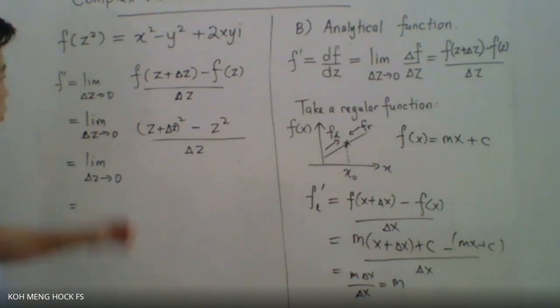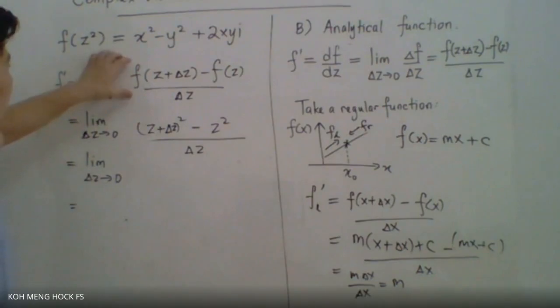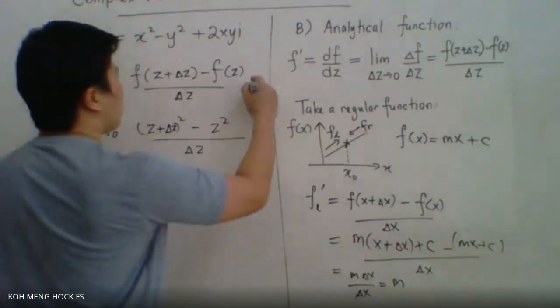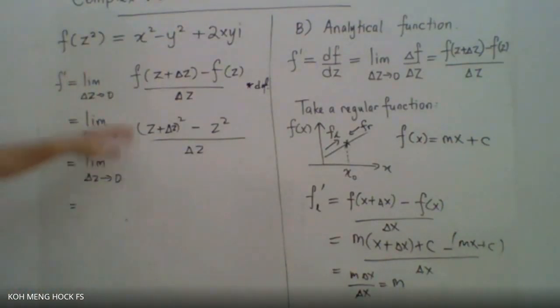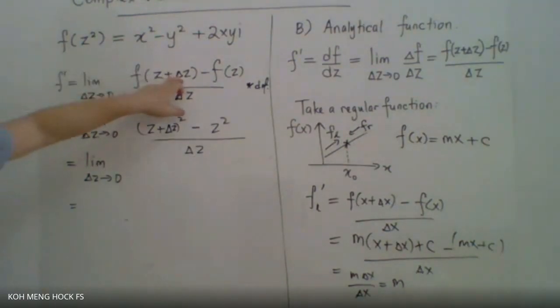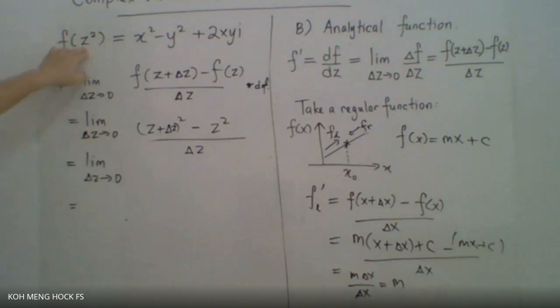So faham tak kenapa jadi macam ni? Sebab yang ni, this is the definition, right? So now saya nak function yang saya naikkan sebanyak delta z. So function yang dia bagi ialah f(z) = z squared. So maknanya saya punya z ni kena naik sebanyak delta z.